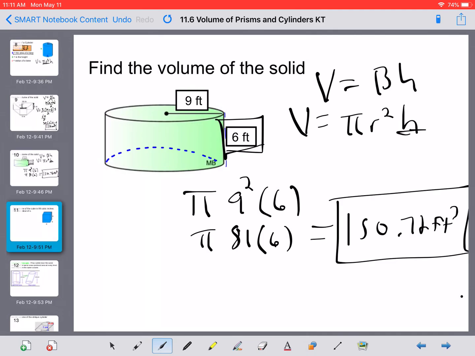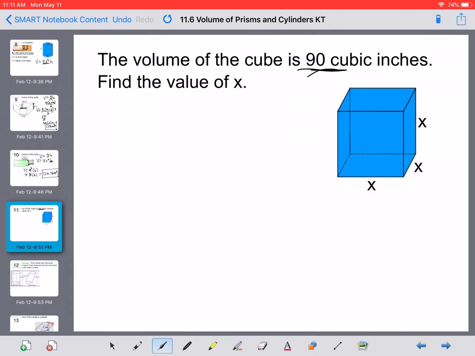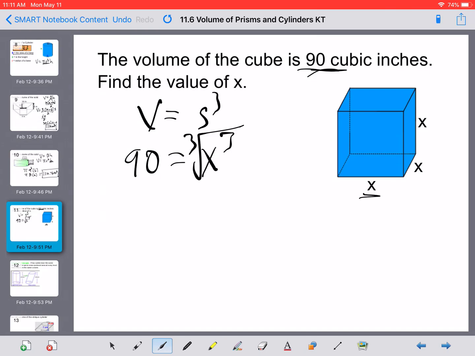Now let's look at the volume of this cube. Now, in this case, it tells us the volume and wants us to find the length of the side. Now we know the volume of a cube equals the side length cubed. So if we know the volume, we can say 90 equals x, our side length, cubed. Now to do this, we'd have to take the cube root of both sides. And we'd have the cube root of 90 equals what?